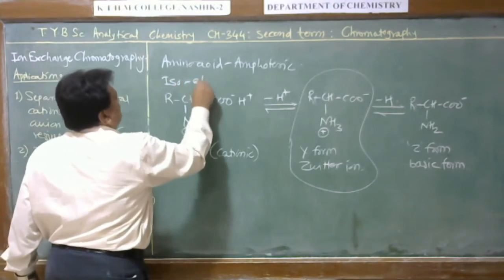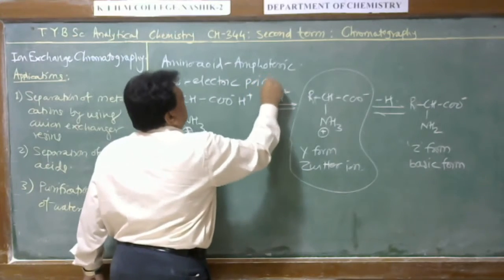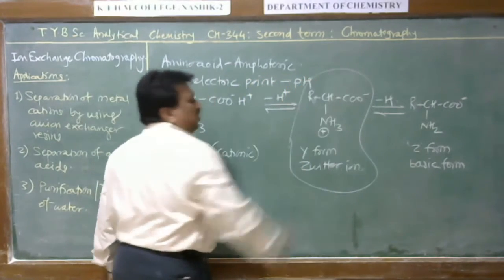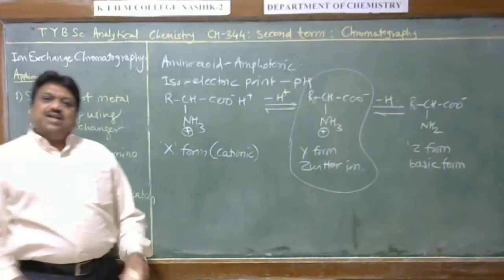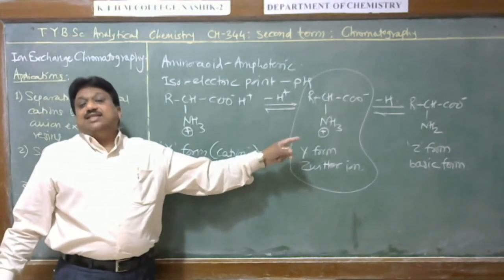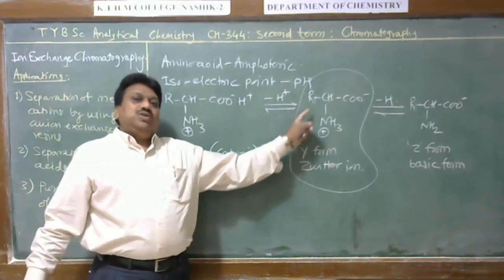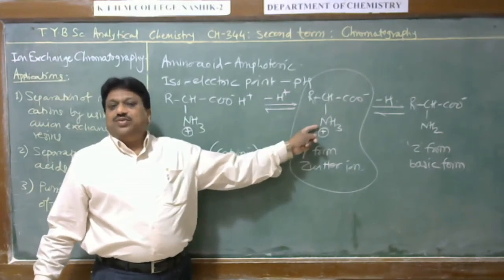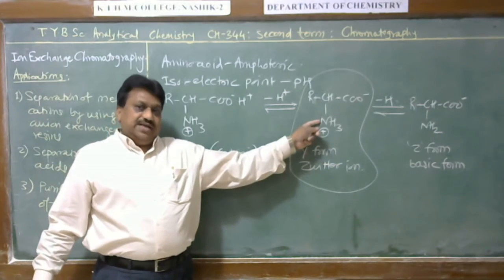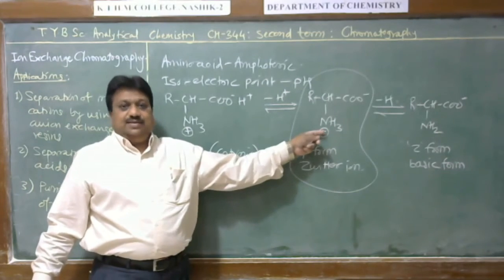The isoelectric point is the pH at which the net charge on the amino acid is 0. It acts as a Zwitter ion: the positive charge equals the negative charge present in the molecule, so no charge is present on that particular ion.